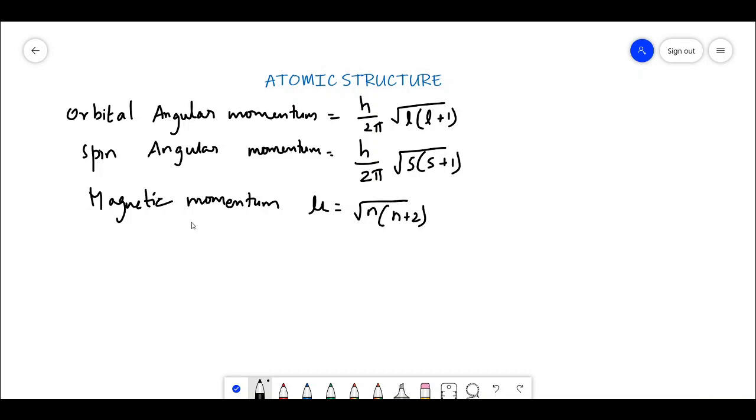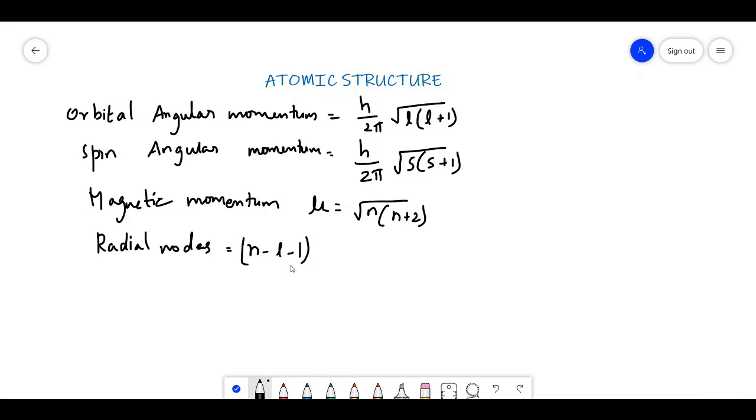And if you want to calculate radial nodes, the formula is n minus L minus 1.